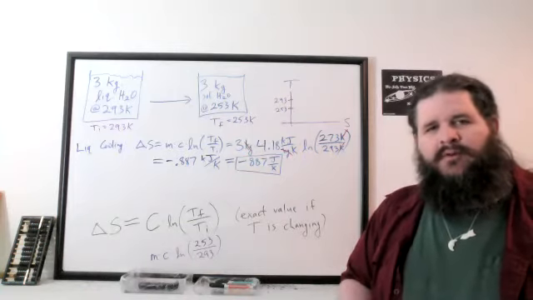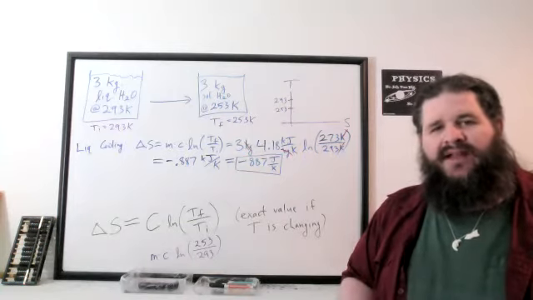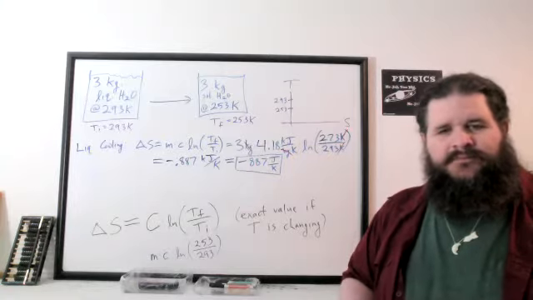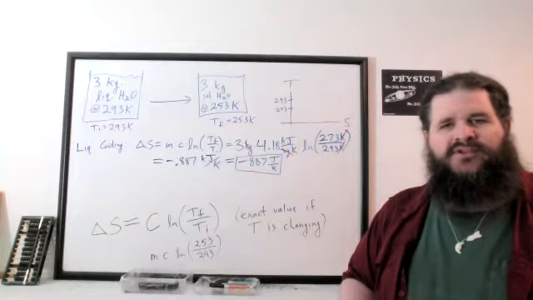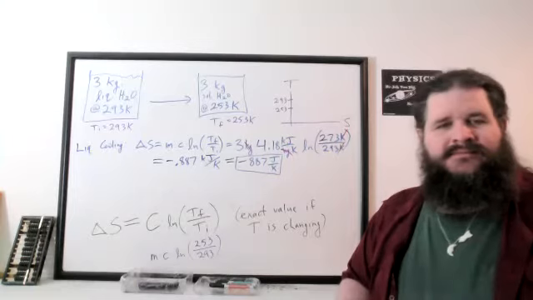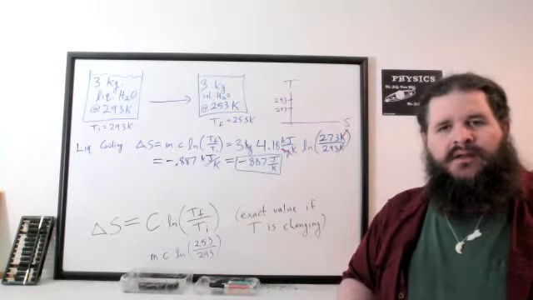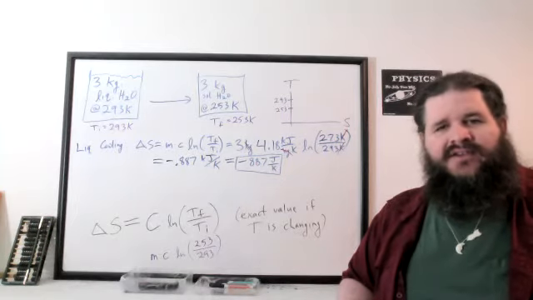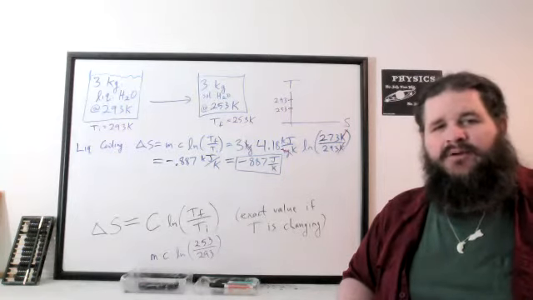How would you justify that? Why does it make sense for entropy to be decreasing during this process? Why should we expect from the start that entropy is decreasing here? Partly the temperature is decreasing, but more to the point, yeah, heat is leaving the system. We're making the temperature decrease by removing heat.